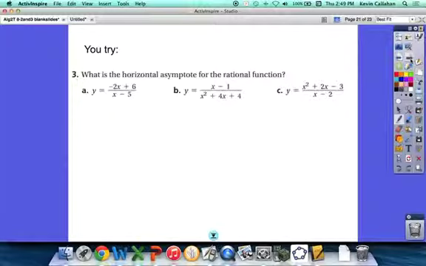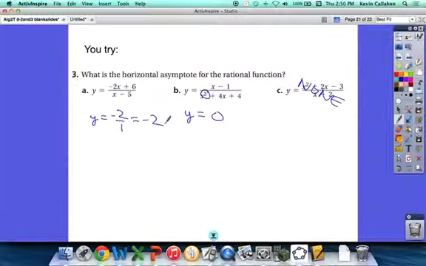So which one does not have one? C, right? Which one has y equals 0? Okay, the denominator is higher, so y equals 0. Okay, what is the horizontal asymptote of the last one? Because they have equal degrees, it's the coefficients of the highest degree terms. y equals negative 2 over 1, which is negative 2.